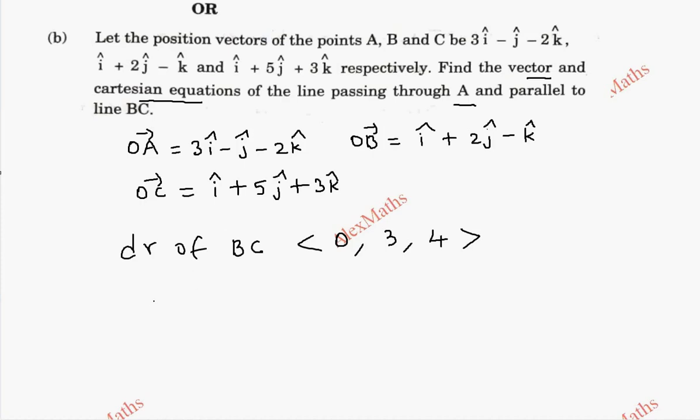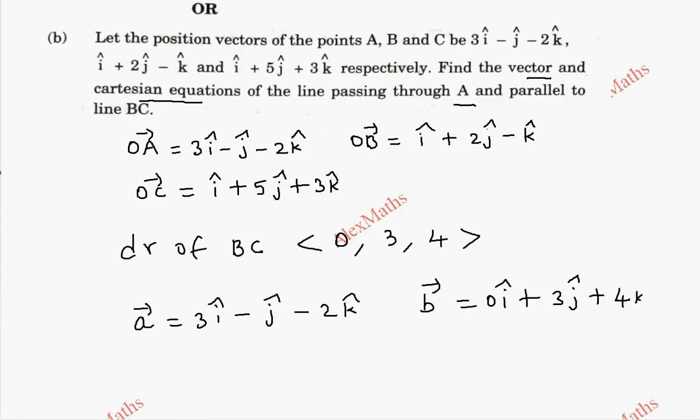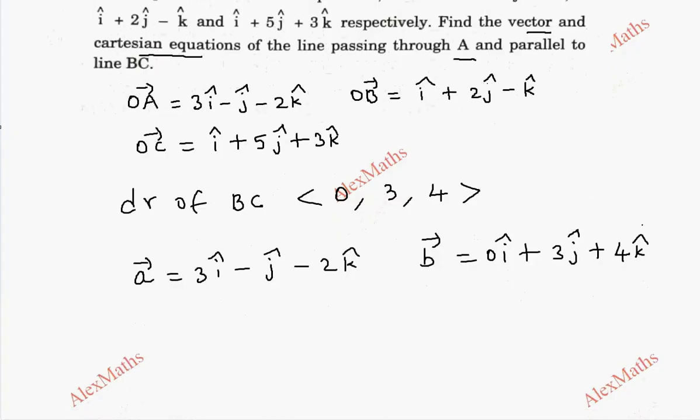And now the passing through point is A, so that can be taken as the A vector 3i cap minus j minus 2k, and direction ratios are taken as the B vector, which is 0i plus 3j plus 4k, and the vector equation of the line is r vector equal to A vector plus lambda B vector.